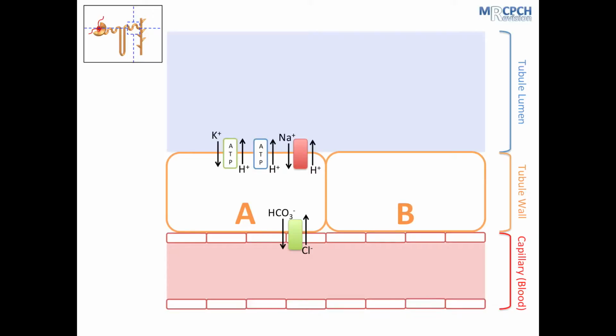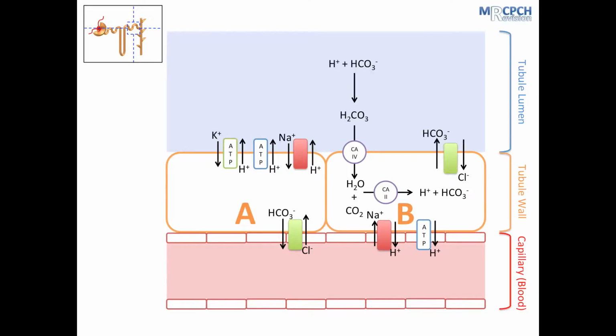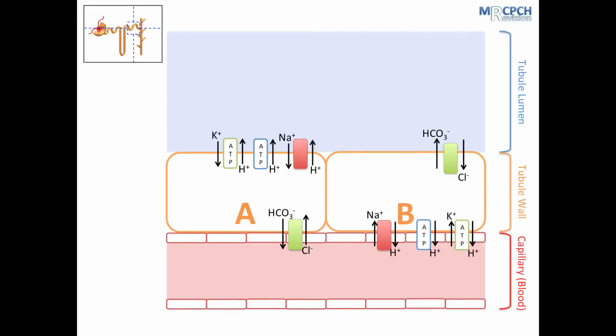As you can imagine, the type B cell does the precise opposite. Again, through the carbonic anhydrase system, we end up with our proton and bicarbonate absorbed back into the cell. And here, just like on the proximal convoluted tubule, but in a mirror image, we have the same transporters. And again, but in reverse, we have the potassium proton ATPase.